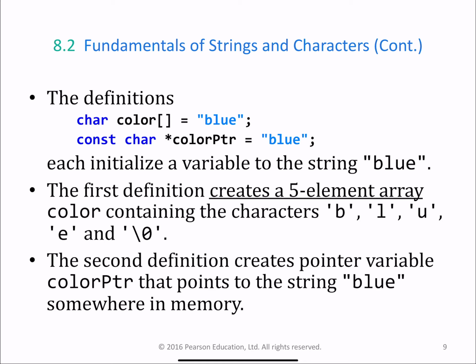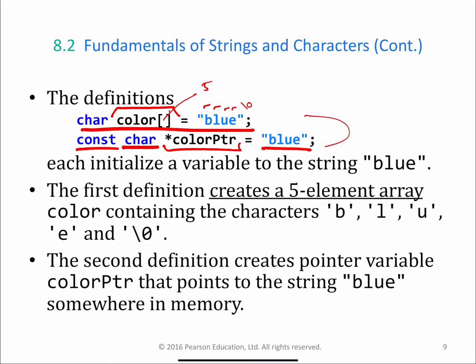So the first example that you see over here creates character array color with 1, 2, 3, 4 plus the null character, that is 5 characters long. And the other way is to specify the string as a constant string and define a pointer that points to that string. Now here there is no array that has been created before that as such. And in both cases over here, the string consists of 5 characters, B, L, U, E, and the null character.